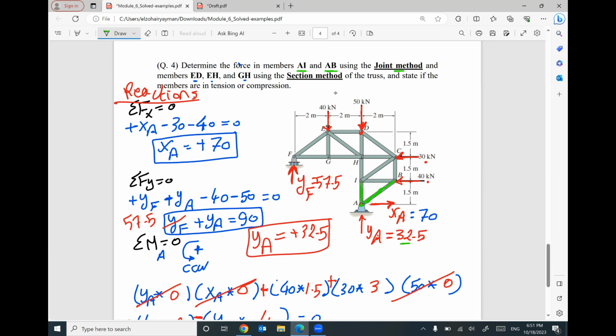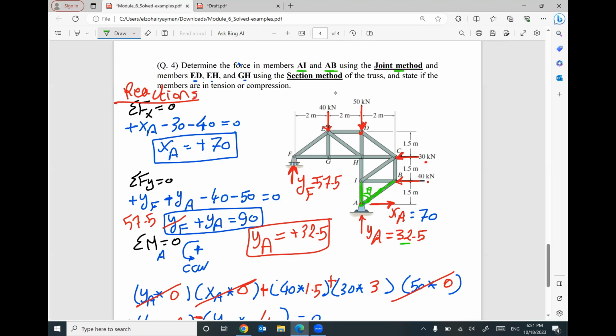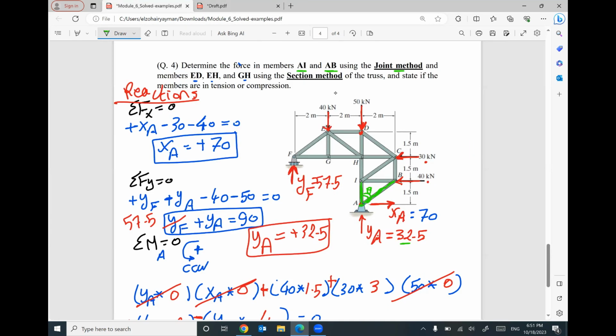I'm going to assume this is my angle theta, and keep in mind this angle theta will be inside a right angle triangle. This triangle is exactly like this triangle, so this is your angle theta. Based on the given dimensions, the vertical dimension is 1.5, the horizontal is 2.